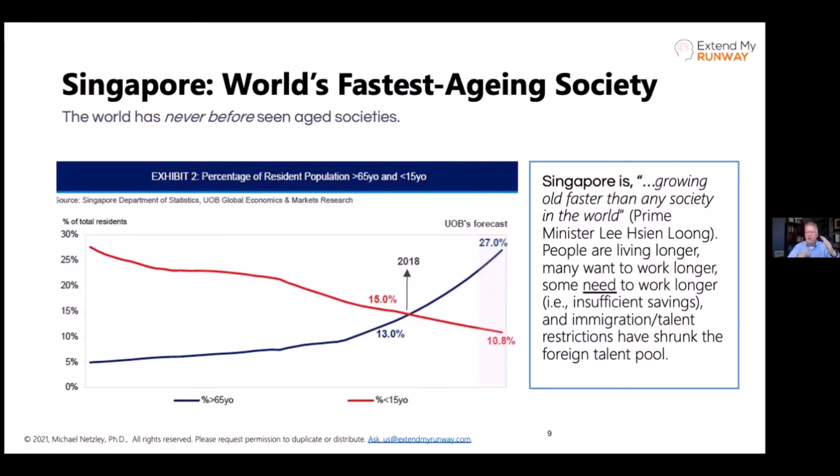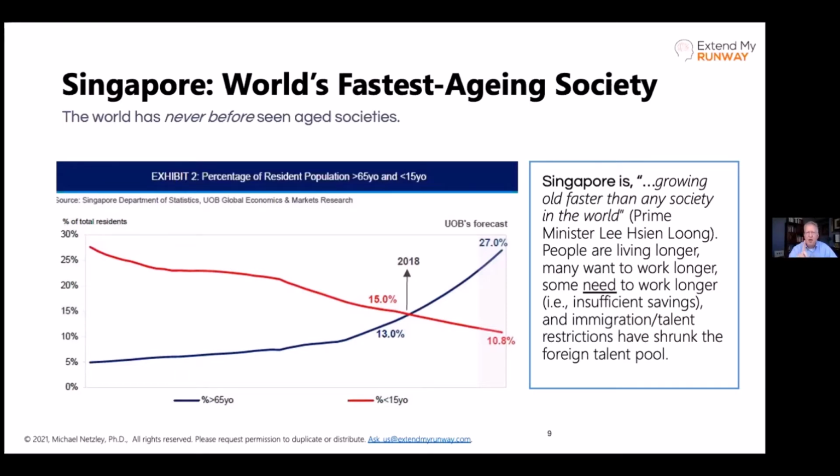So the crossover happened from a youthful society to an aged society. This raises some really important questions. If Singapore is aging dramatically fast, what does that mean for people? What does that mean for organizations? What does that mean for HR and talent solutions?